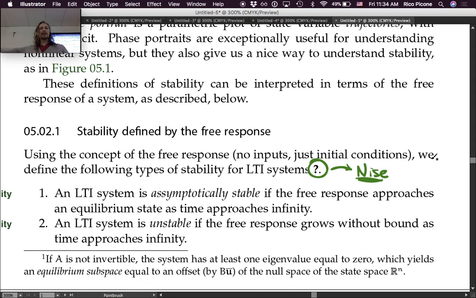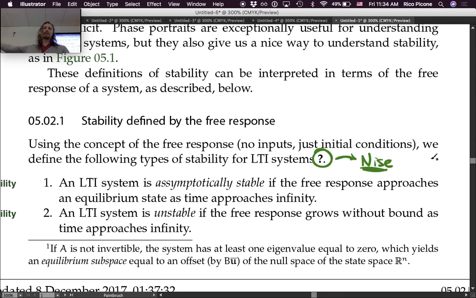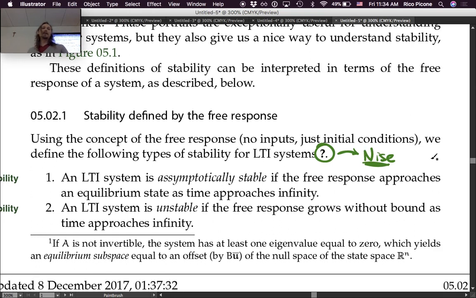Okay, so awesome. And so the first definition, we're going to essentially restate this asymptotic stability definition in terms of free response. So an LTI system is asymptotically stable if the free response approaches an equilibrium state as time approaches infinity. So free response is something that we actually can analytically solve for. And so we're not relying on a bunch of simulations anymore.